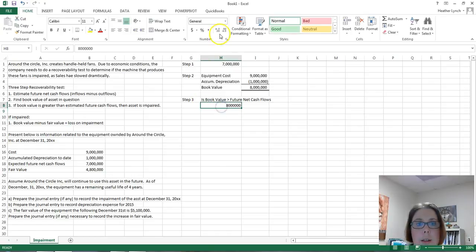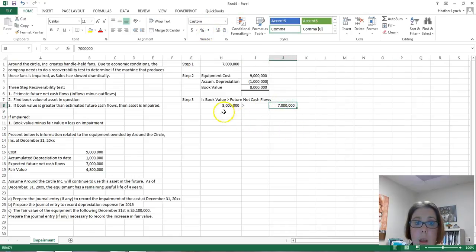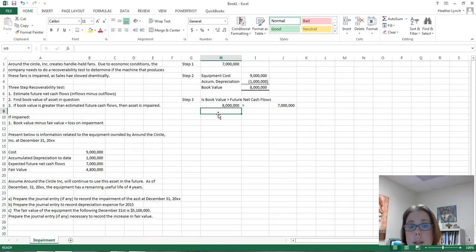Is 8 million greater than 7 million? Yes. So at this point, the asset is impaired.